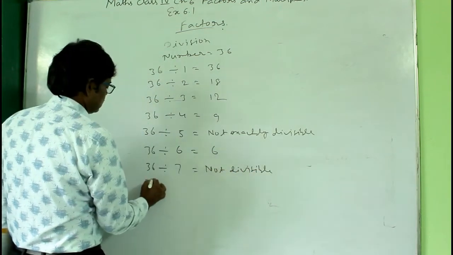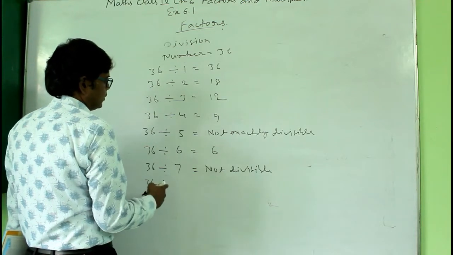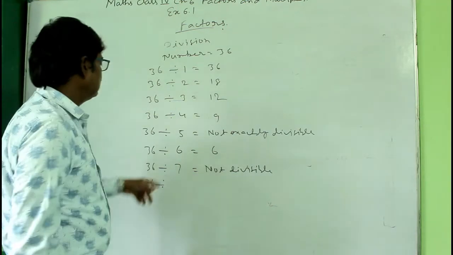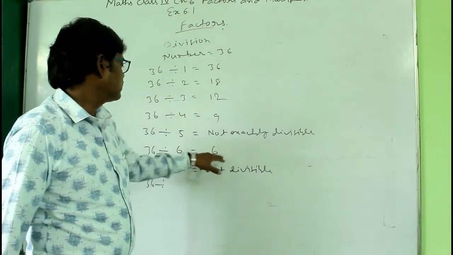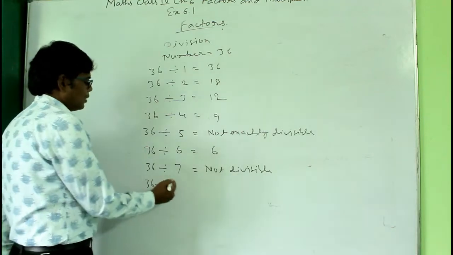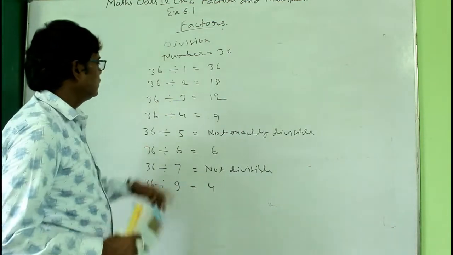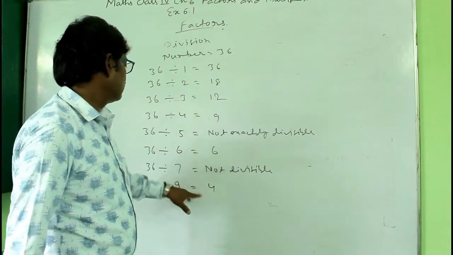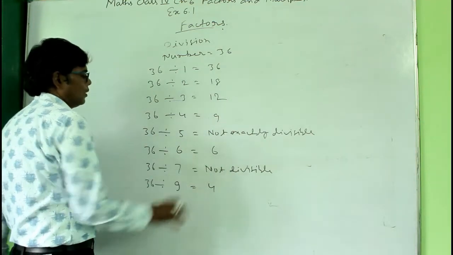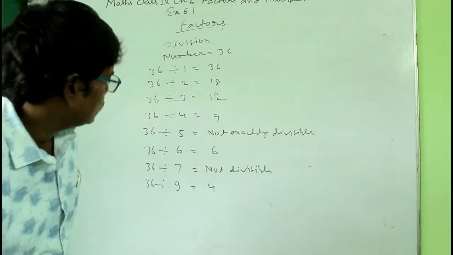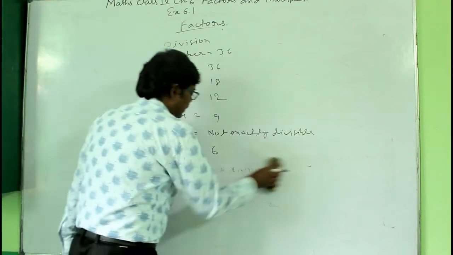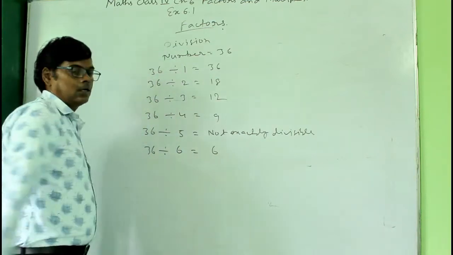Here the numbers are repeating. If you write 9, you will get 4, so 4, 9, 9, 4. After this the numbers will be repeating, so stop at this point.